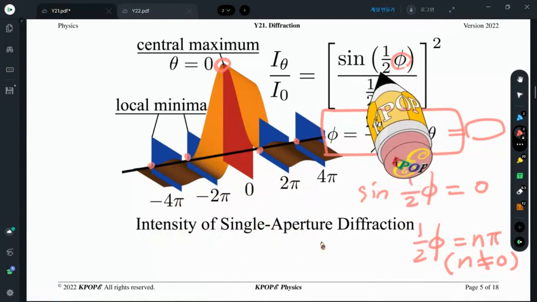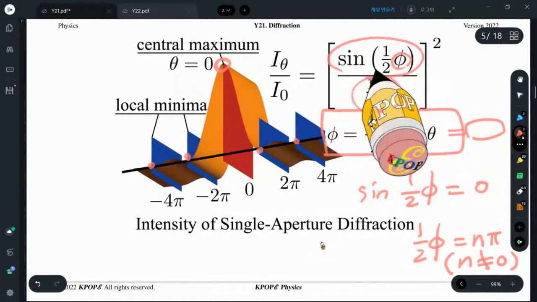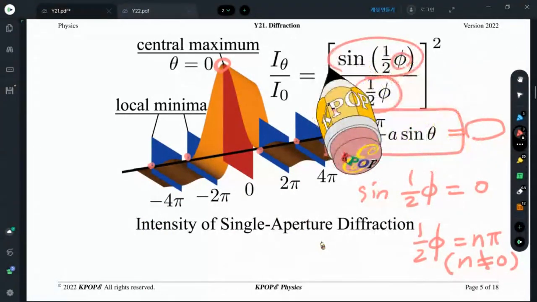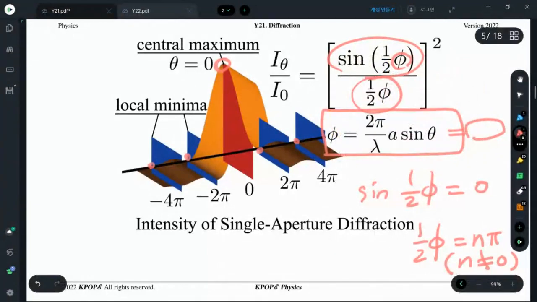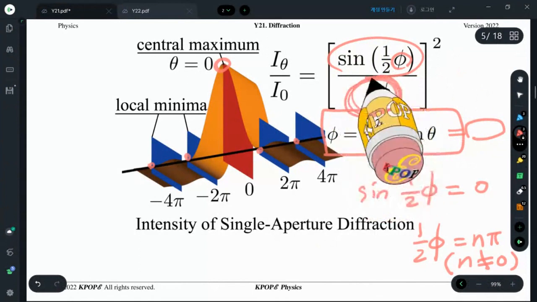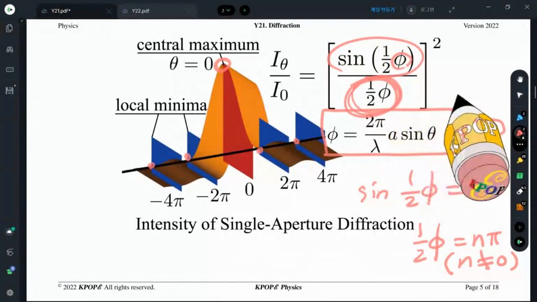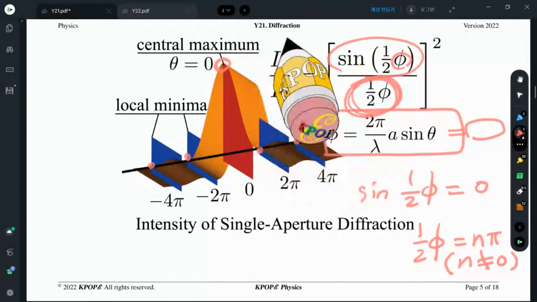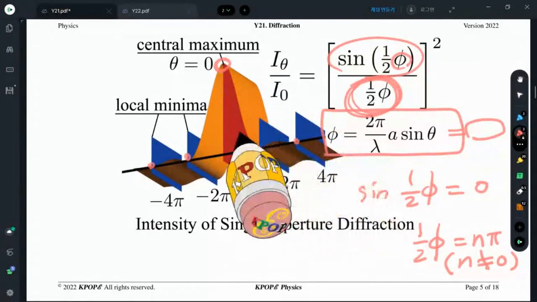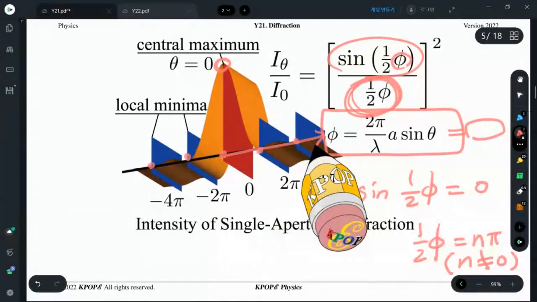And as you can see, the numerator is always localized between 0 and 1 after square. However, the denominator keeps increasing as phi increases. Therefore, the intensity decreases strictly as you leave from the central point of the screen to far away.